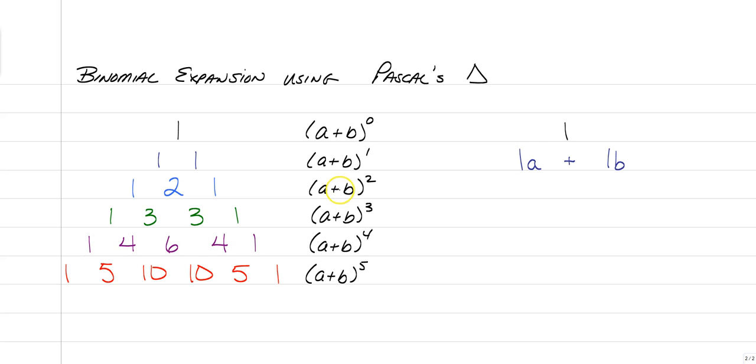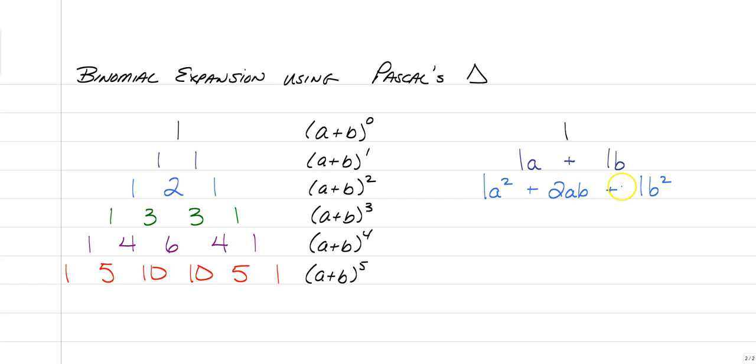But now when you have it squared, you would start with 1. Now this is the term you're going to start with. You would have 1a squared. And then in the middle, you would have 2ab. And then you would finish with 1b squared.